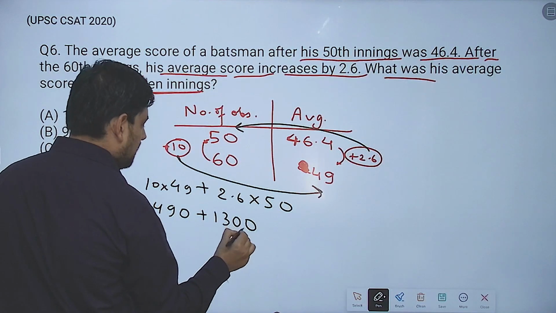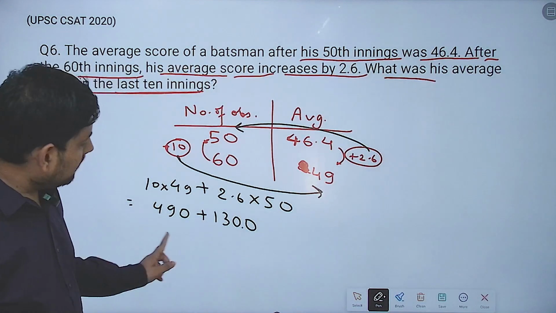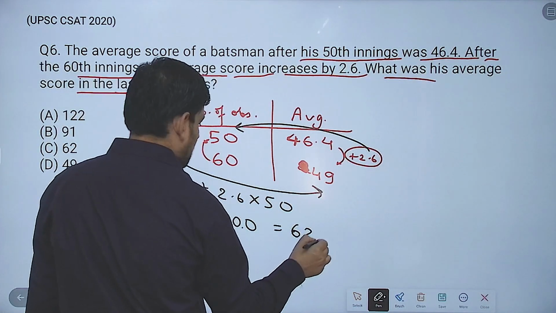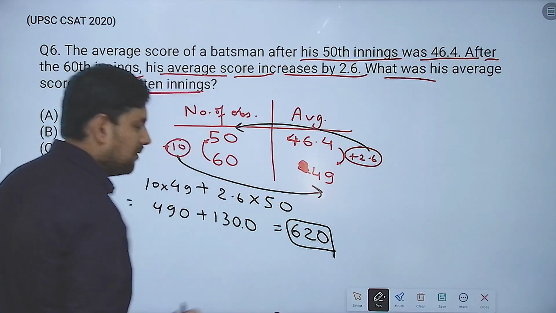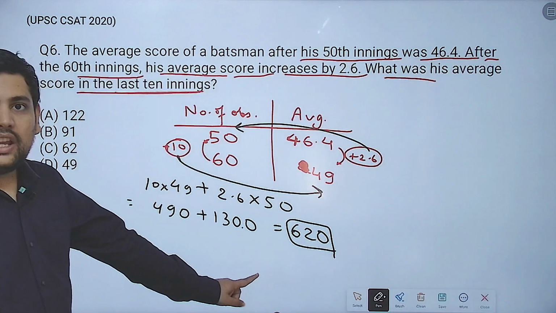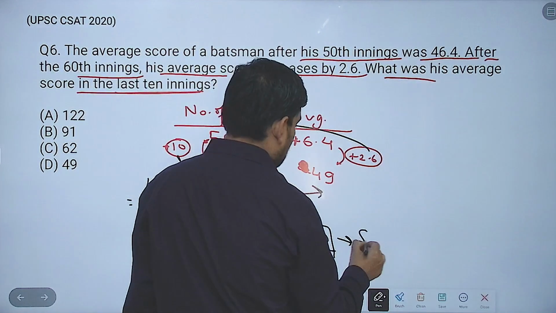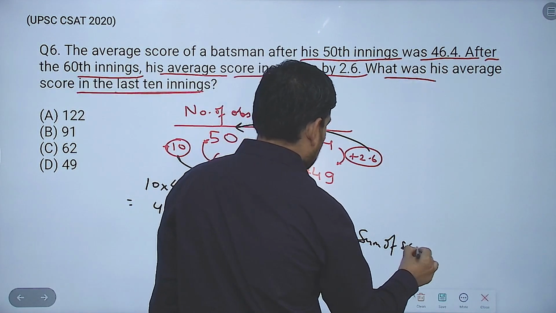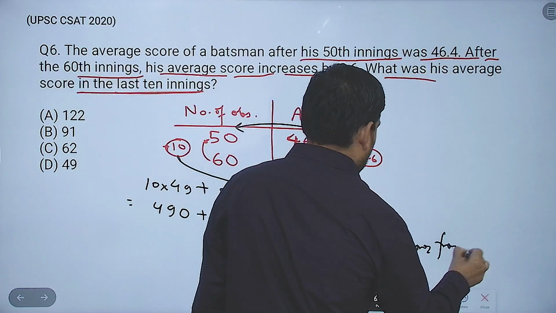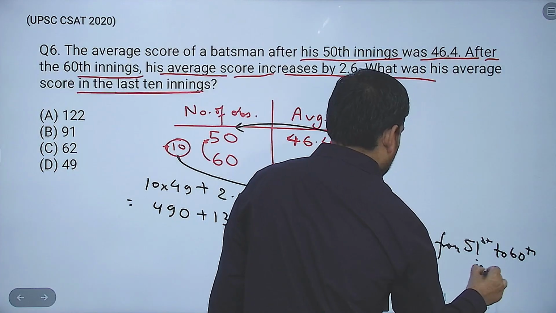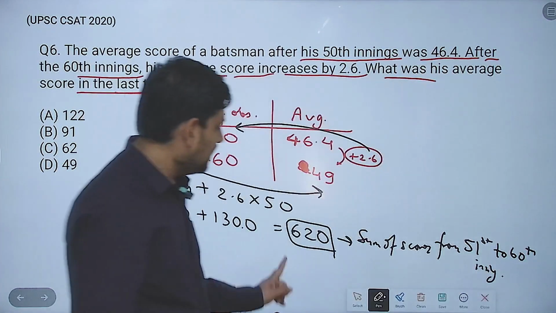So 490 plus 130 comes out to be 620. But the 620 is actually the sum of all those 10 innings. So this is the sum of scores from the 51st to the 60th inning.